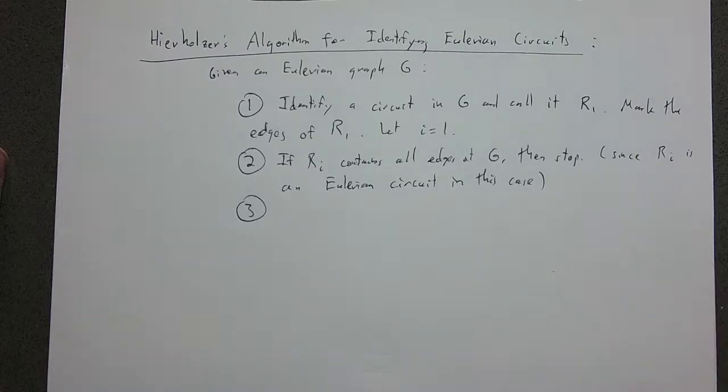then I identify a vertex in this R sub I that is incident with an edge that is currently unmarked, right?